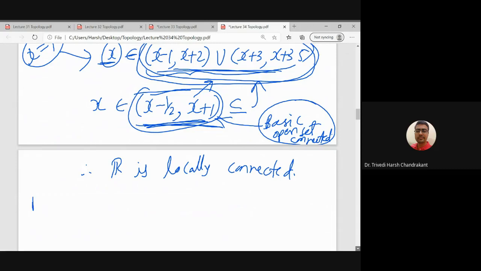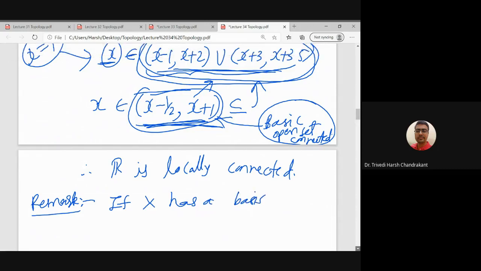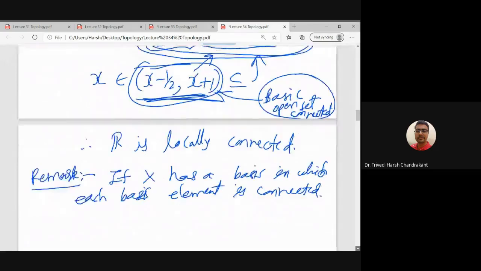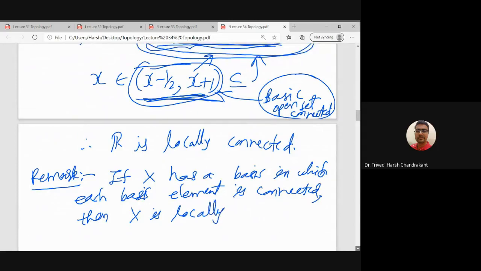In more detail, the argument we use here is that if I have a topological space X which has a basis in which each basis element is connected, then X is a locally connected space.